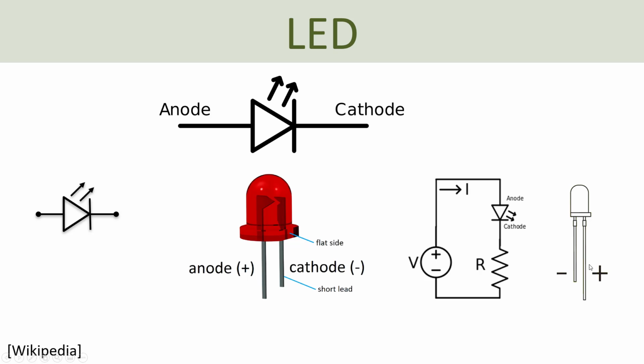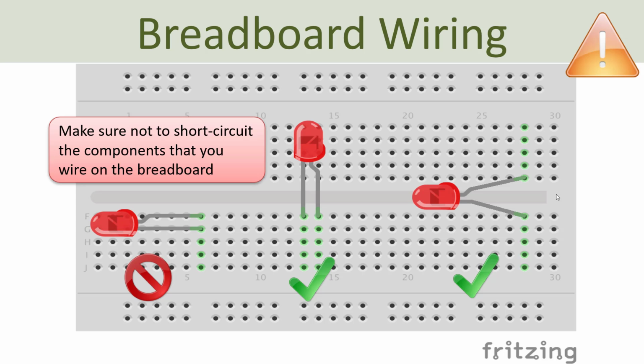A LED consists of two pins, one is plus and the other one is minus, and if you add current to this circuit, the LED will start to light. Here is an example of how you should wire the LED on your breadboard.